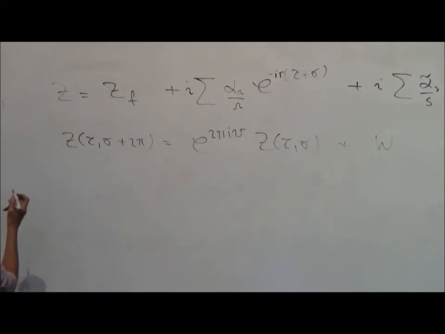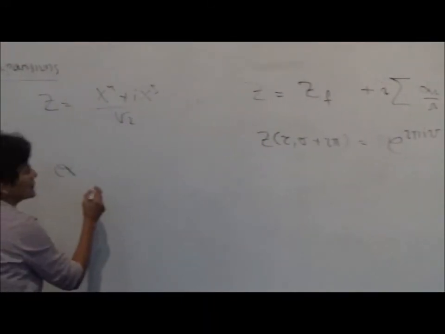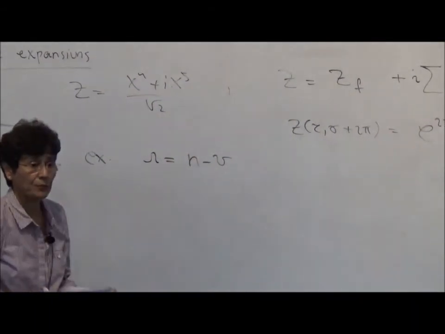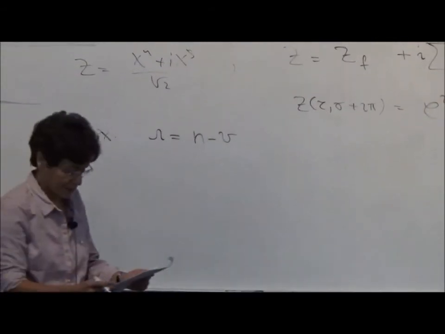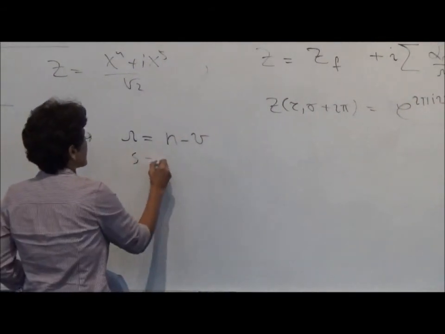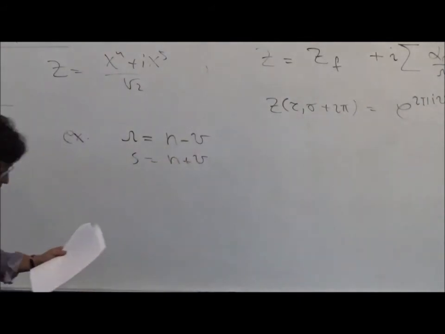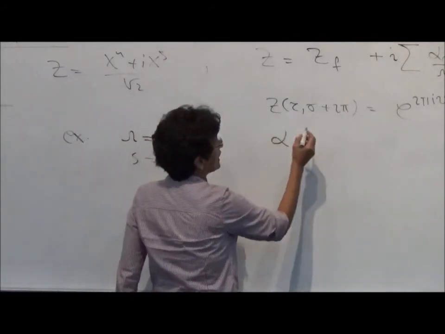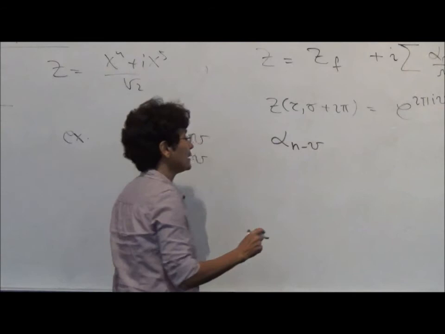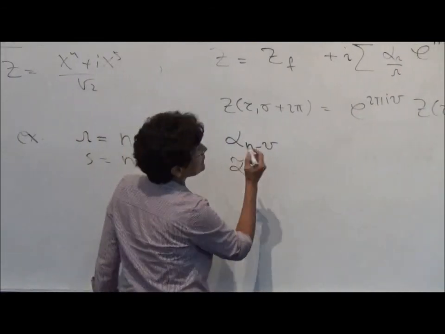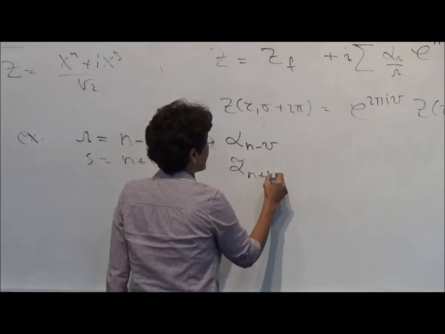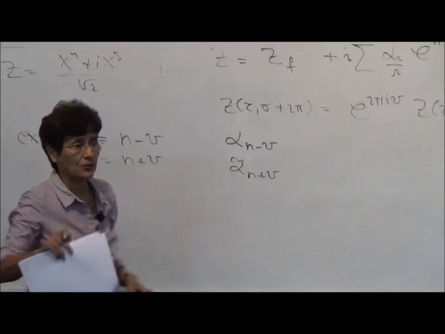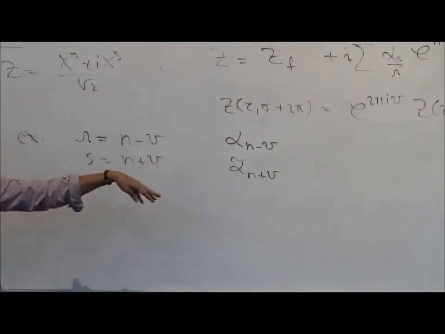Since I don't have time, I don't want to write all of this on the board. You find that r is n minus p, but n is an integer now. So what this means is that you will now have oscillators alpha n minus p and alpha tilde n plus p. You can also do the complex conjugate and so on. But this already tells you what the creation operators are going to be.